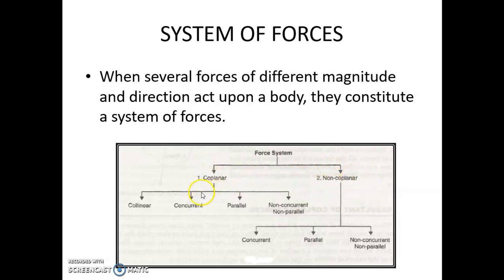Coplanar force system can further be divided into collinear force system, concurrent force system, parallel force system and non-concurrent, non-parallel force system, and non-coplanar force system can be further classified into concurrent force system, parallel force system, non-concurrent, non-parallel force system. So let us now understand each of these force systems by considering a figure.